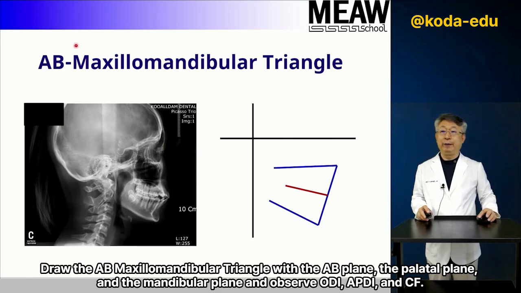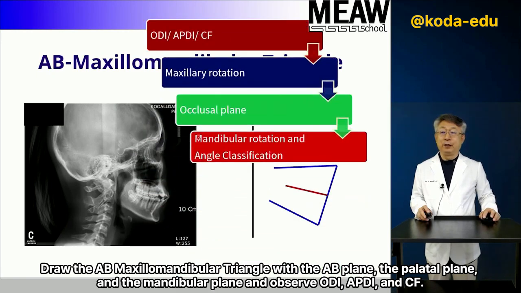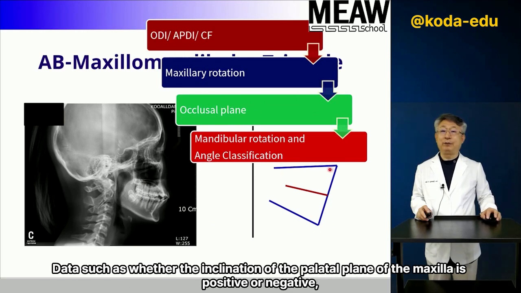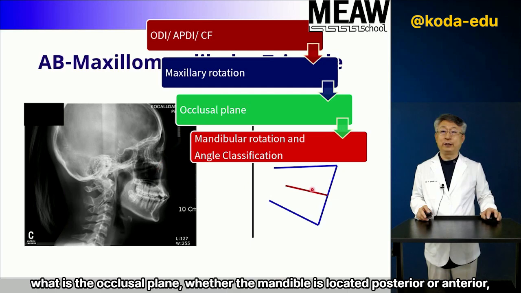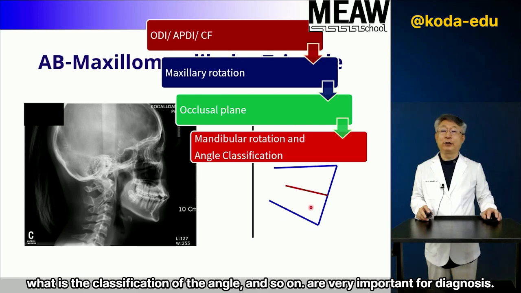Draw the AB maxillomandibular triangle with the AB plane, the palatal plane, and the mandibular plane and observe ODI, APDI, and CF. Data such as whether the inclination of the palatal plane of the maxilla is positive or negative, what the occlusal plane is, whether the mandible is located posterior or anterior, what the classification of the angle is, and so on, are very important for diagnosis.